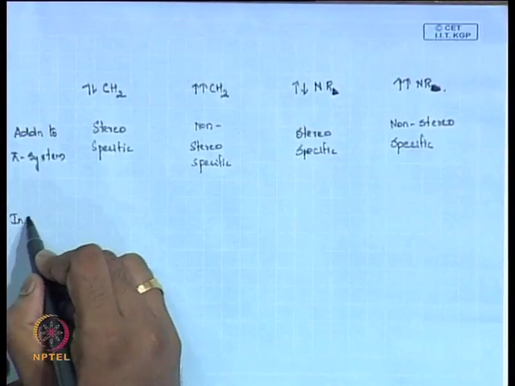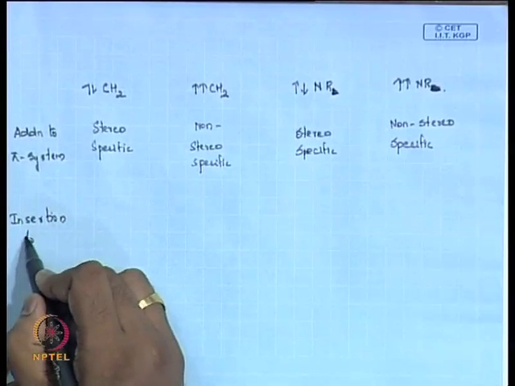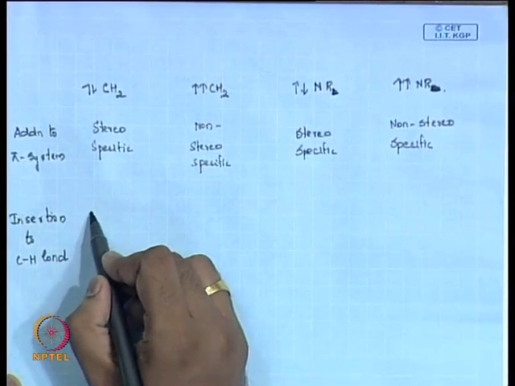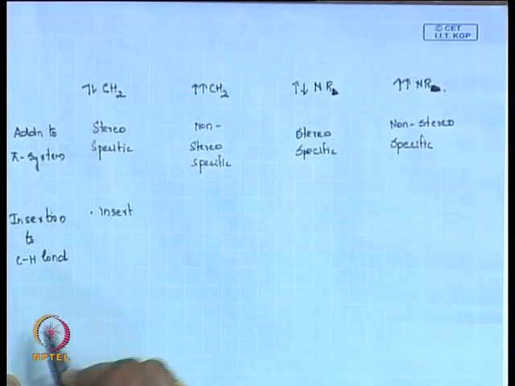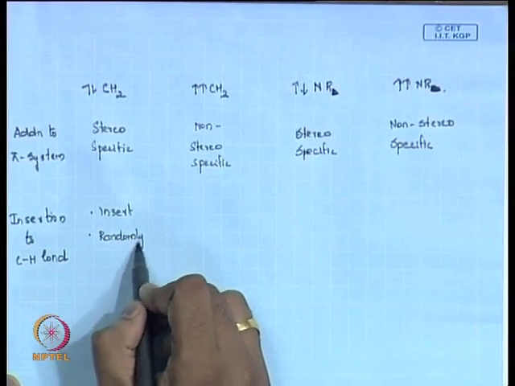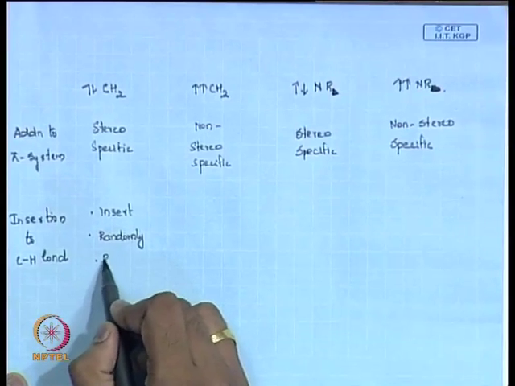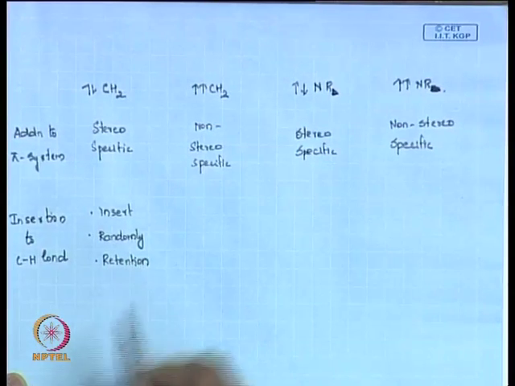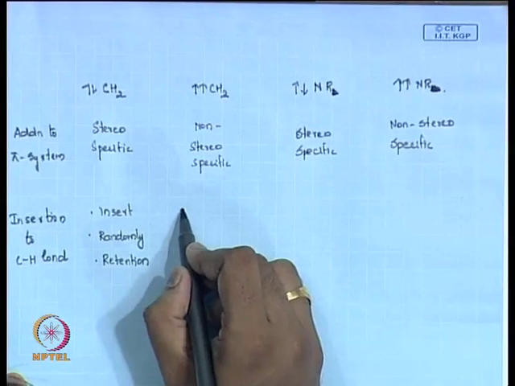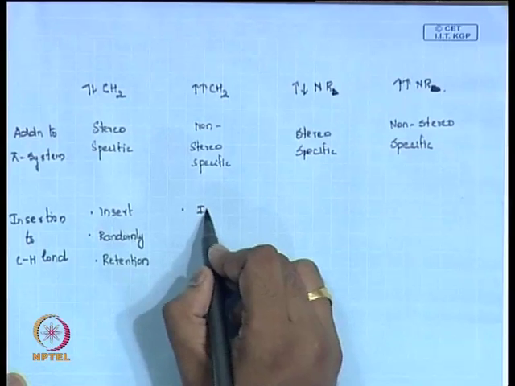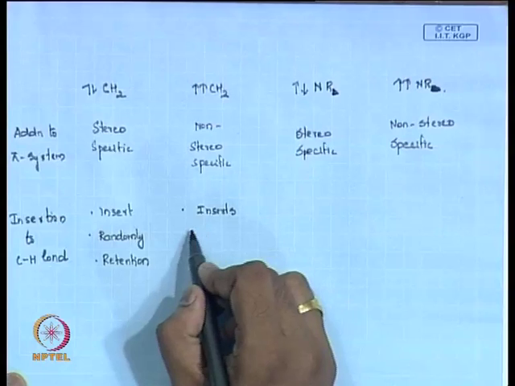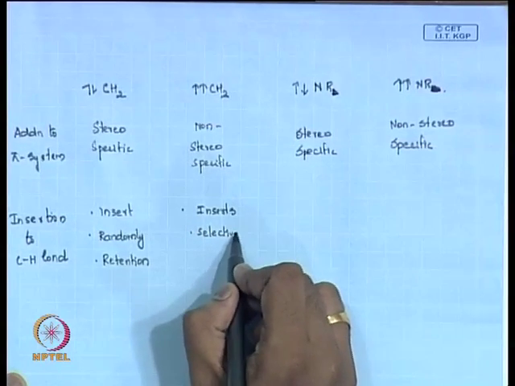This is the important part you should know, insertion into the CH bond, how it works. Singlet carbene can insert, but they insert randomly. You can see a little bit of retention there. Triplet carbene inserts, but not that much. You can see selectivity as well as specificity.